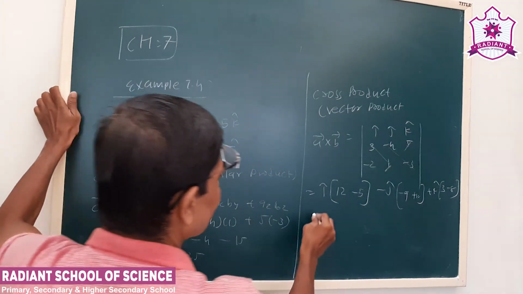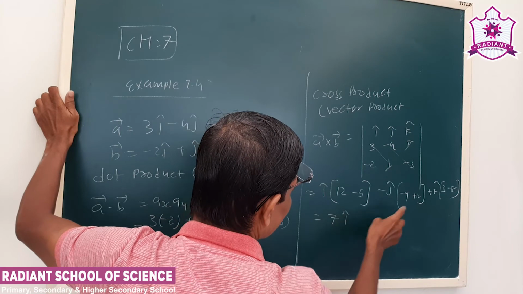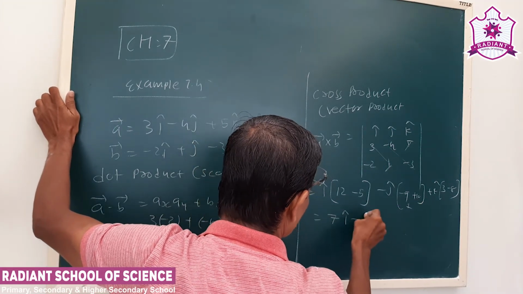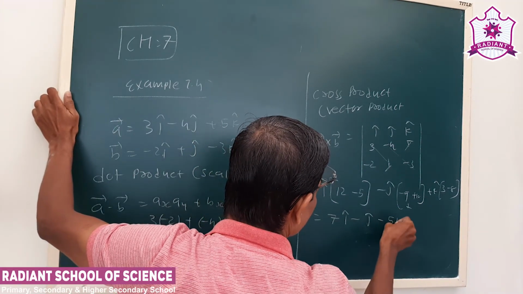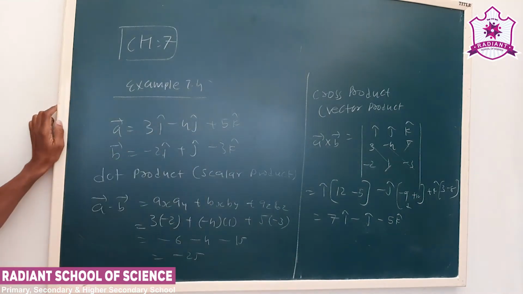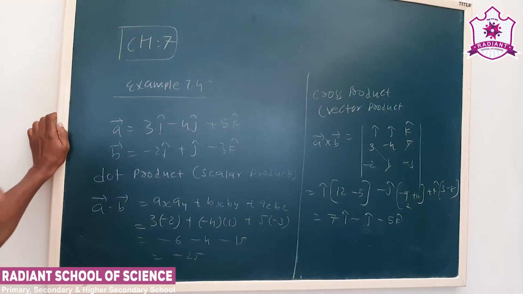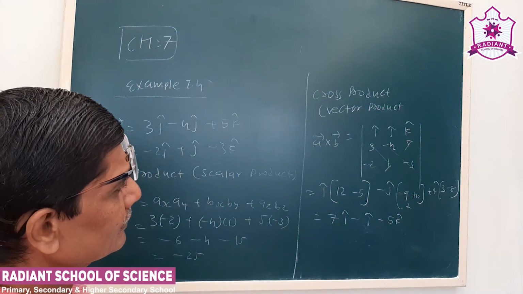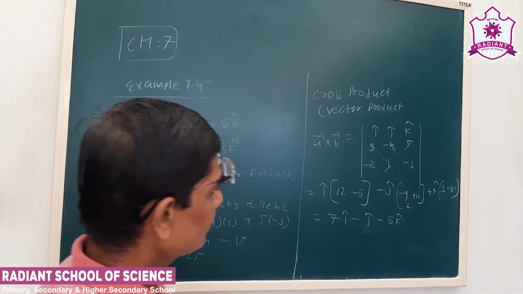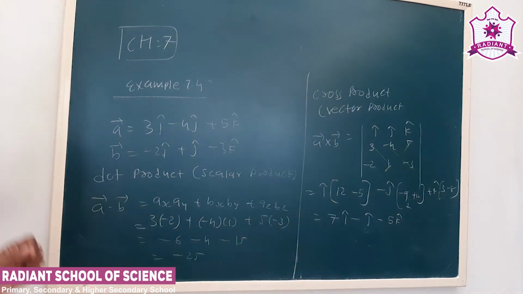So if I solve, I will be 7I, J will be 1 minus 3 and minus 5, and K caret coordinate will be 3 minus 8. It will be minus 5K. A cross B we have to find out: 3, minus 4 and 5, minus 2, 1 and minus 3.